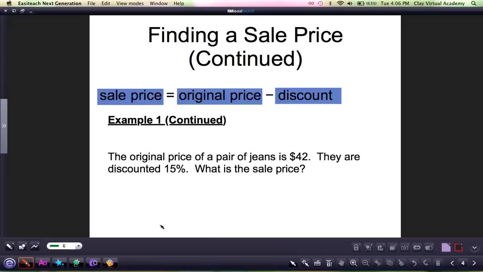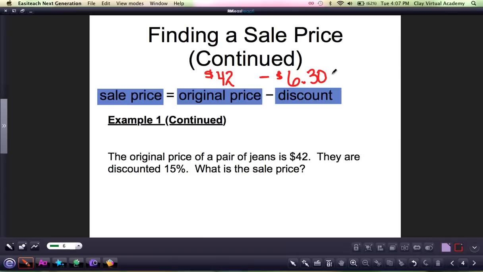So this leads us into finding a sale price. We're going to find the sale price by taking the original price and subtracting the discounted price. We said the original price is $42, so we're going to take $42 and subtract the discounted price, which was $6.30.